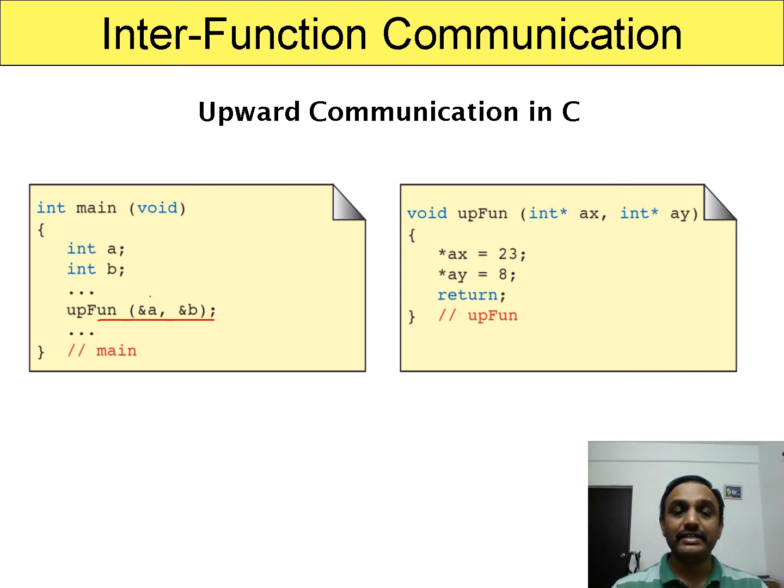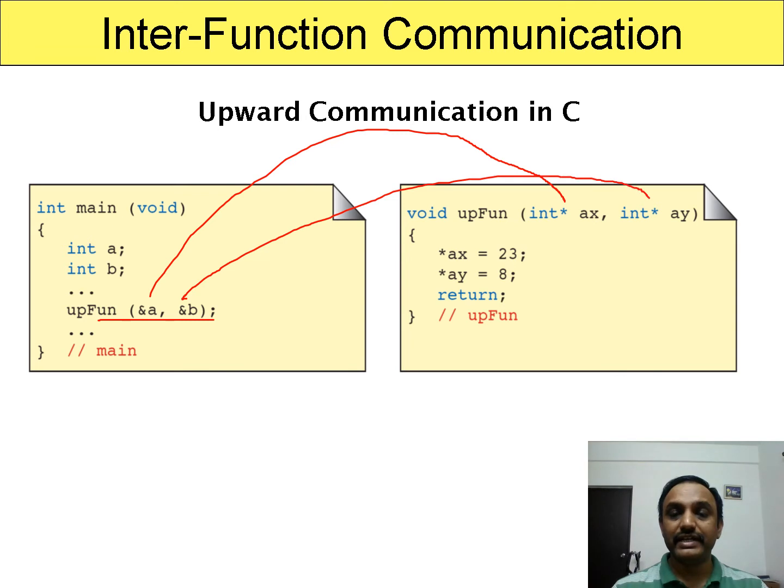Once I send them, the address of a is assigned to integer pointer ax, and the address of b is assigned to integer pointer ay. So now here you are assigning 23 to *ax, the dereference operator. That means the value assigned there directly goes to a. So upward communication is performed.